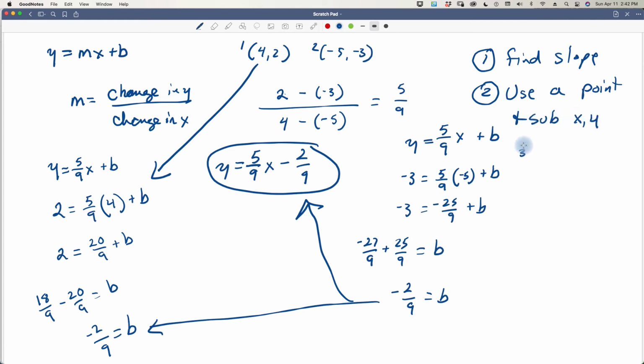Step 3, solve for b. Then finally, sub b into your y equals mx plus b. All right, those are your steps, 4 easy peasy steps, and I know you can do it.